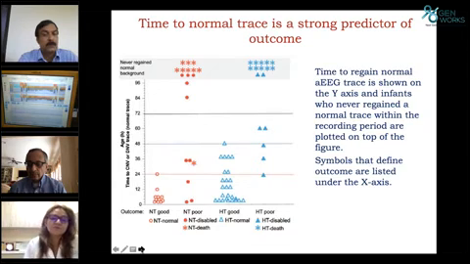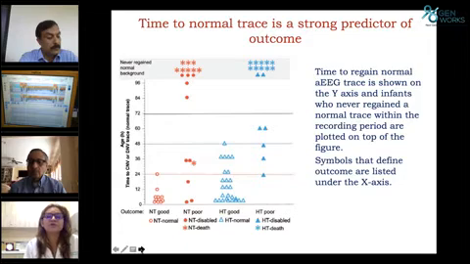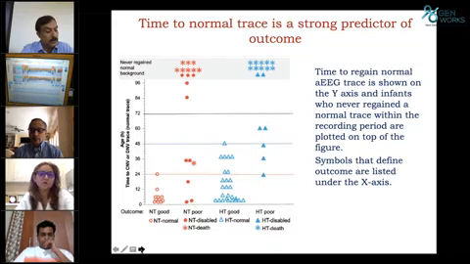Poor outcome babies in the hypothermia group are taking a much longer time, more than 48 hours, and they are mostly never coming back to normal. Most of them which are coming late after 48 hours are disabled, but those which never came to normal are either dead or severely disabled. So this is a very important slide.